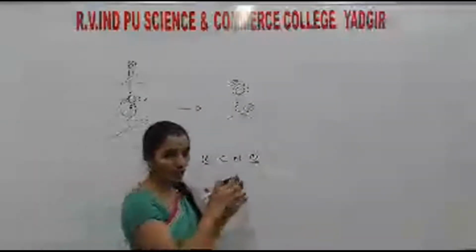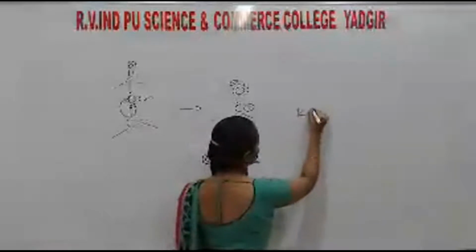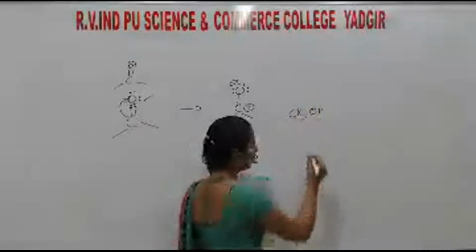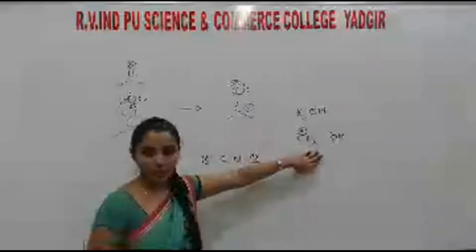Assume in a reaction, KOH and CH3OH are there.